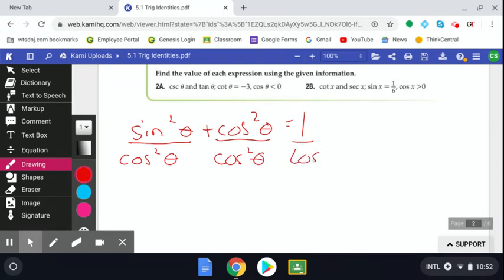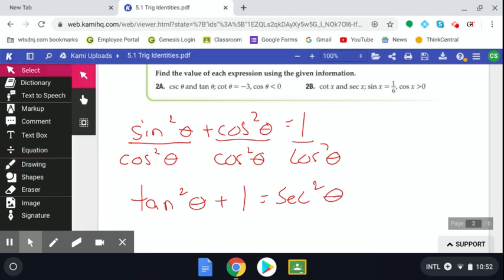Sine squared theta over cosine squared theta is tangent squared theta, plus 1 is equal to 1 over cosine squared theta, which is secant squared theta. And that's the second one that you see here: tangent squared theta plus 1 equals secant squared theta.